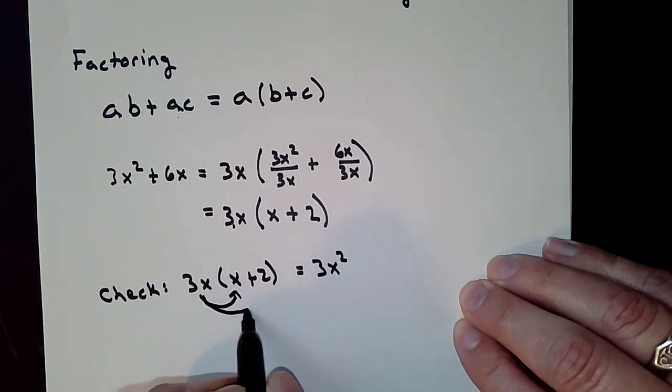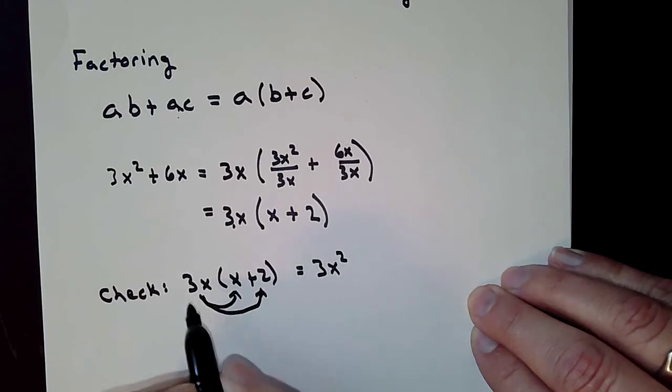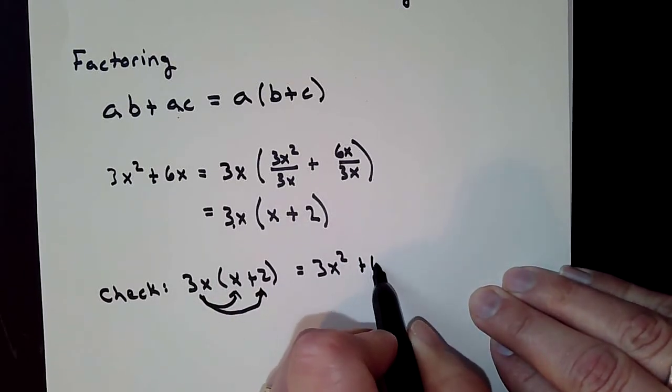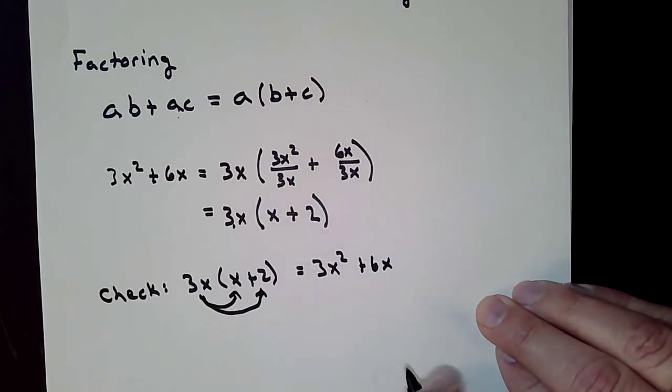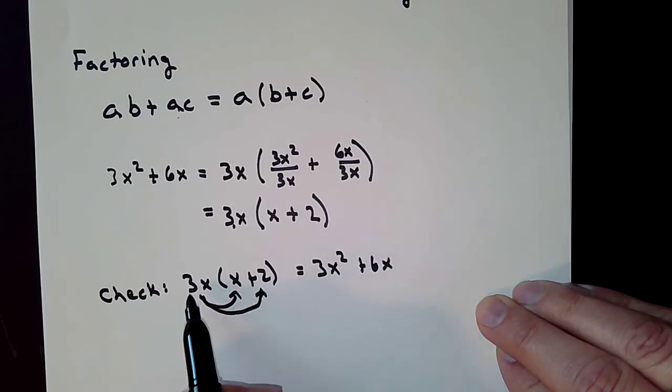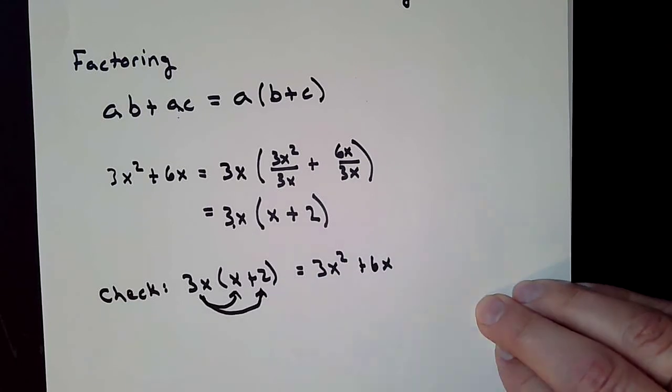And we would take 3x and multiply it by 2. 3 times 2 is 6. We get 6x. And so we get back to the original. What that means is this is a correct factored form.